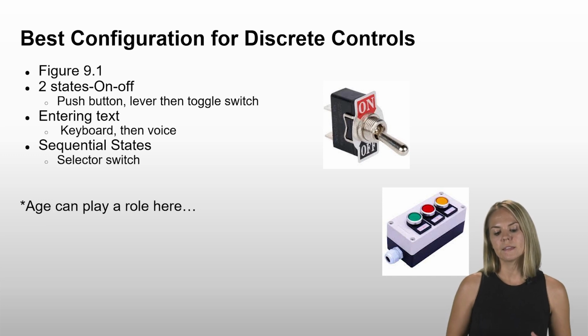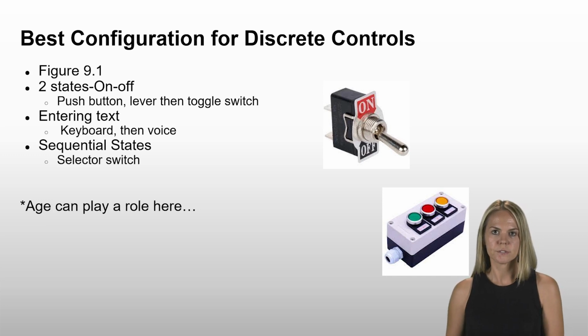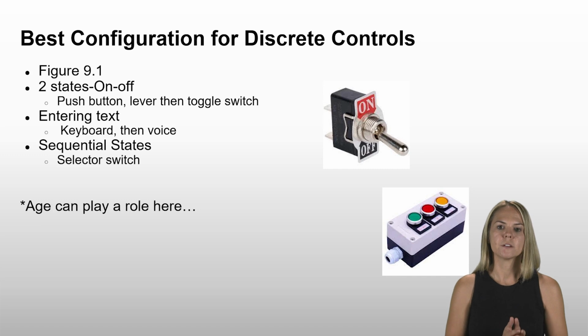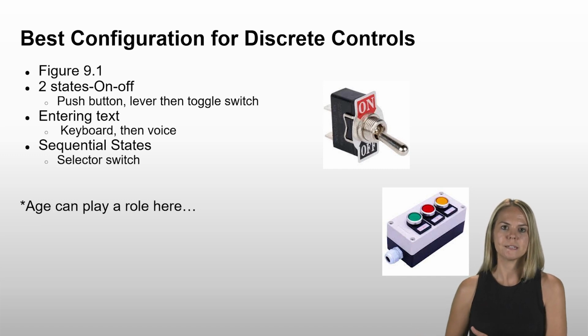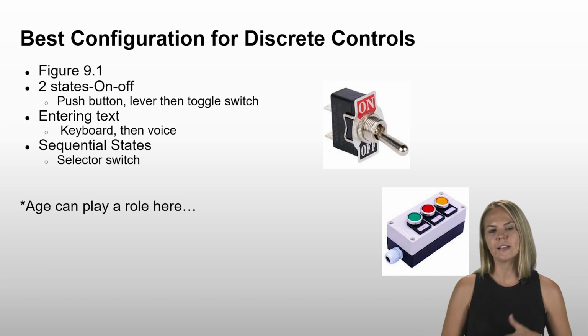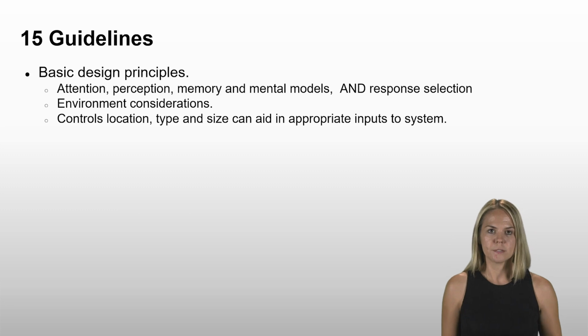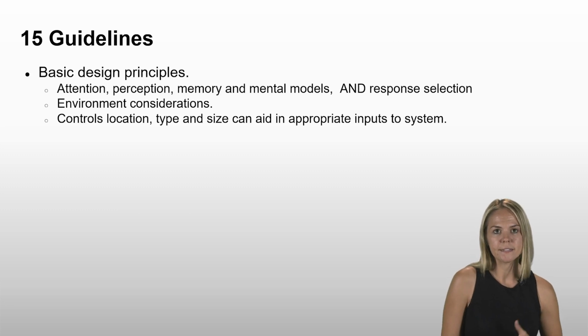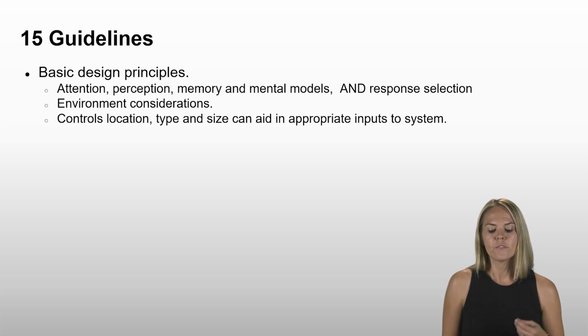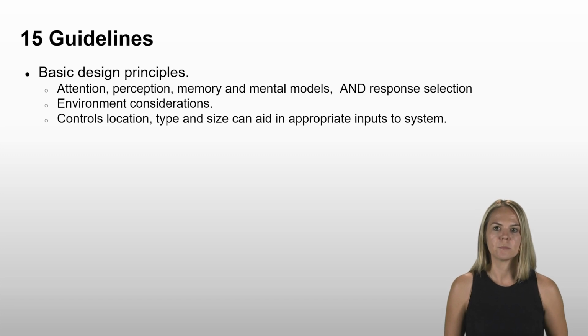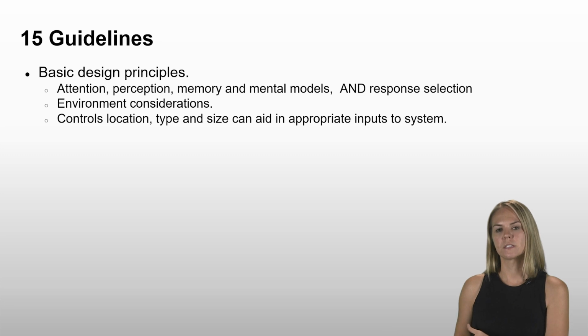So in the configuration for discrete controls, there's probably still a lot of research that needs to be done to figure out how age can play a role, and as our technology changes, what types of configurations will be best. As your book did before, it has these 15 guidelines, these basic design principles for your attention, perception, memory, and mental models, and this response selection consideration specific to controls.